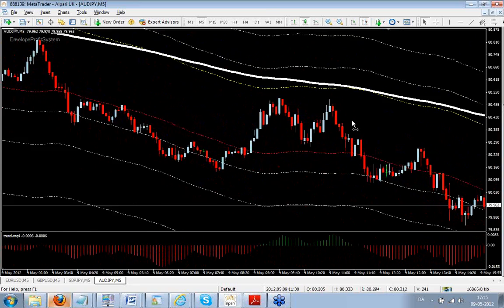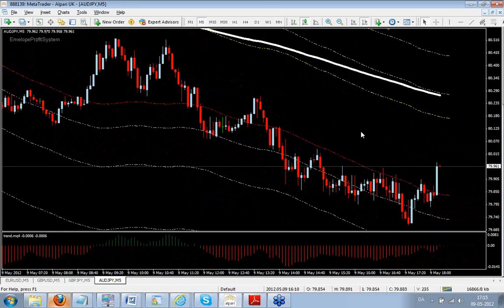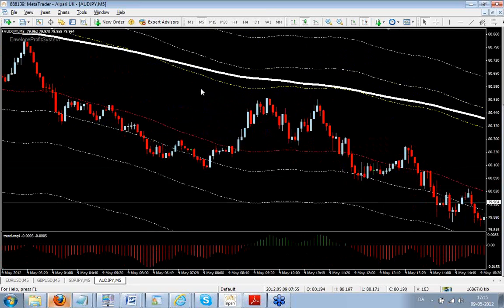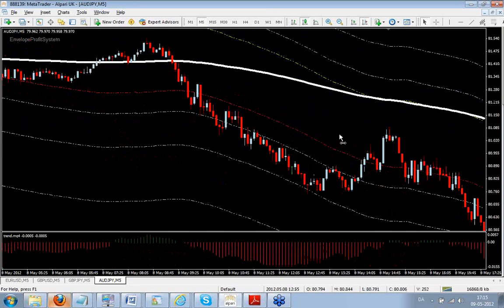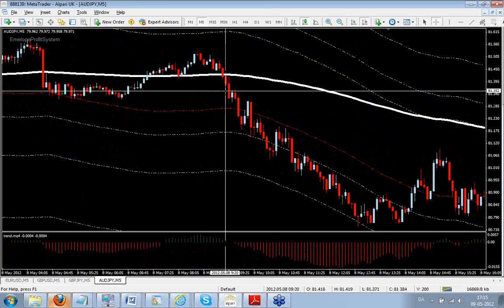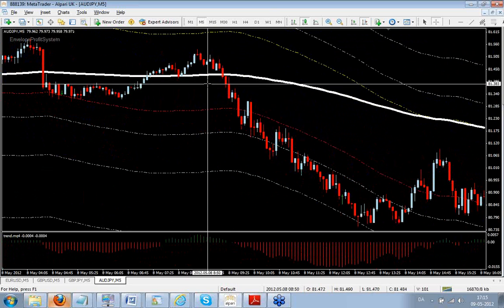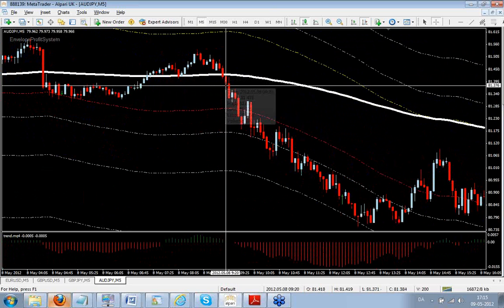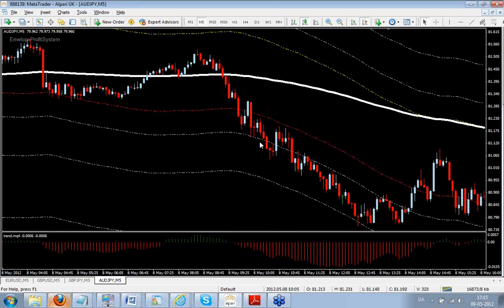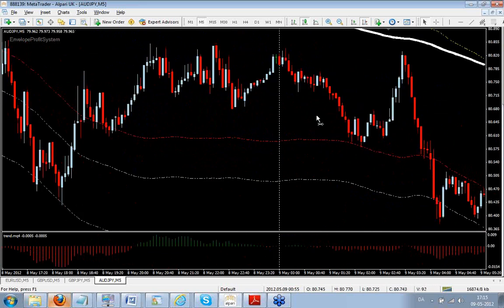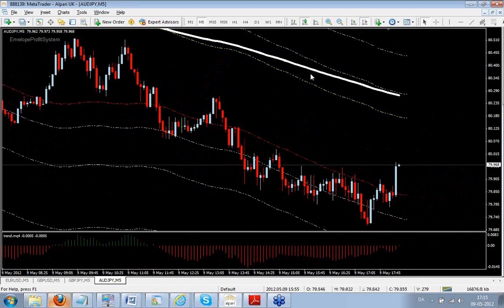It's because we're in a very, very strong downtrend on the Australian dollar yen. So you see, if you scroll back, it's been falling for 2 days. If some of you ever tried to take a trade on the Australian dollar yen, you would make 24 pips on the short here, and price just continued dropping down. But the system is programmed so it will keep you out of trouble.